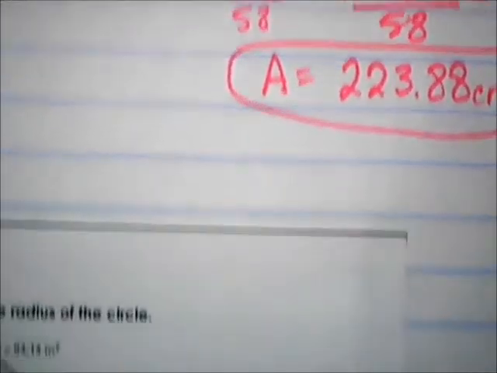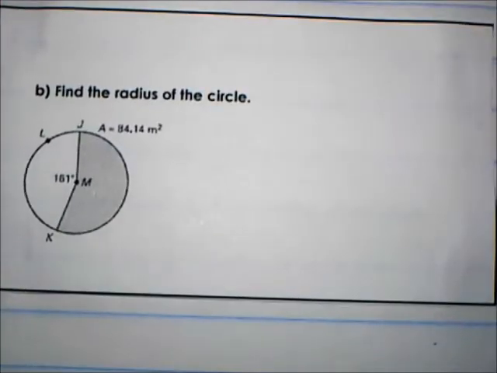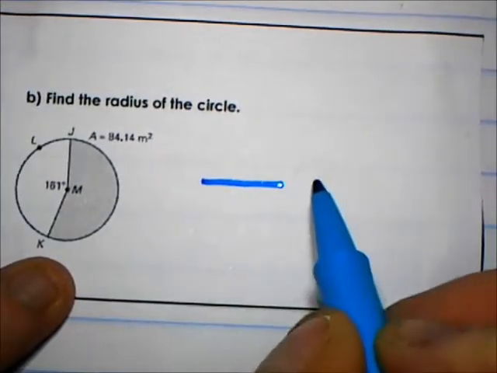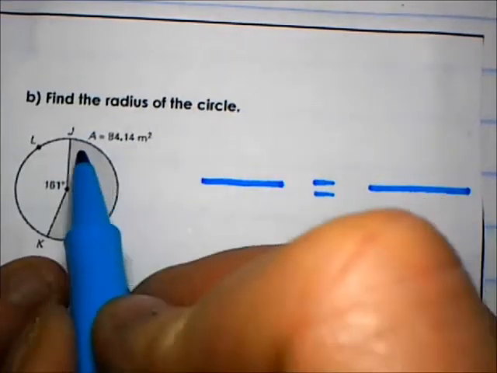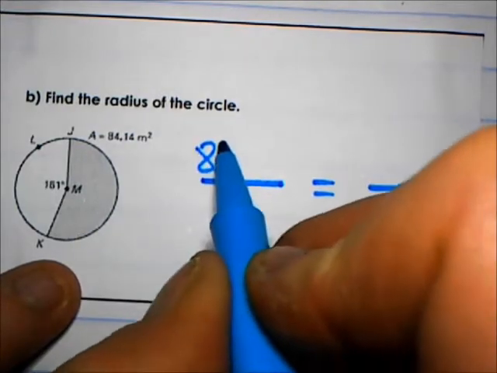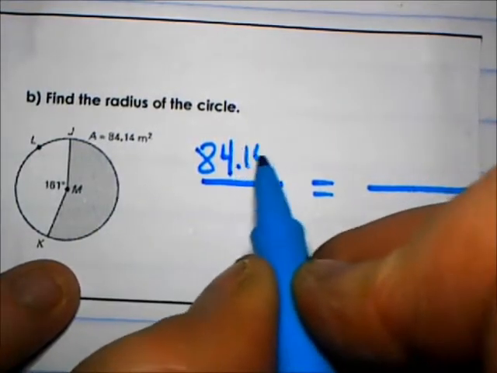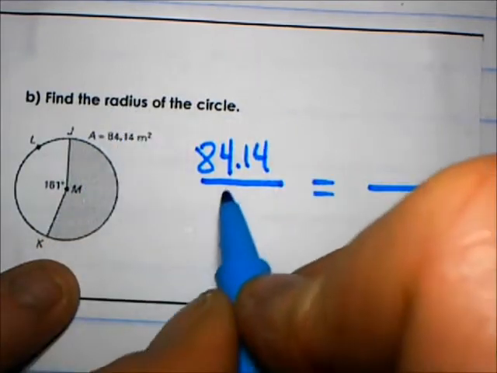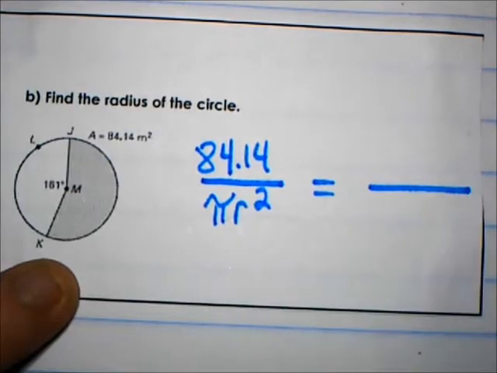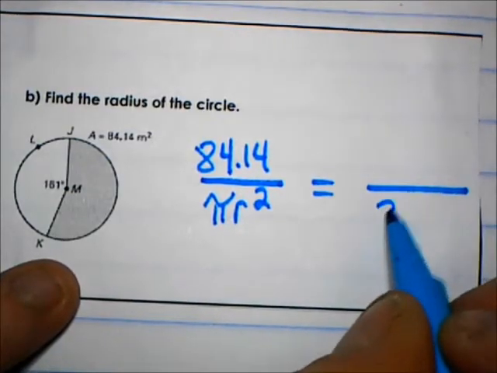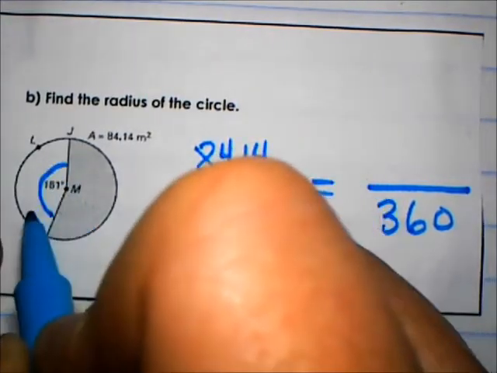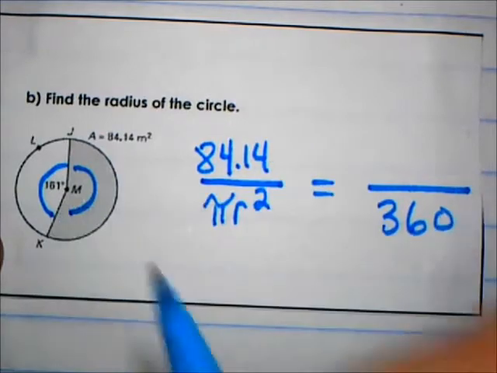Part B says we want to find the radius of the circle now. So if I'm looking at my picture and set up my proportion, the shaded area is still the sector, so that's 84.14. Now I want the radius, so instead of putting an A here, I'm going to put the formula so it breaks it down a little more. And remember, it's out of 360, but this 161 is the degree of the unshaded, so I need to know what the other side is.